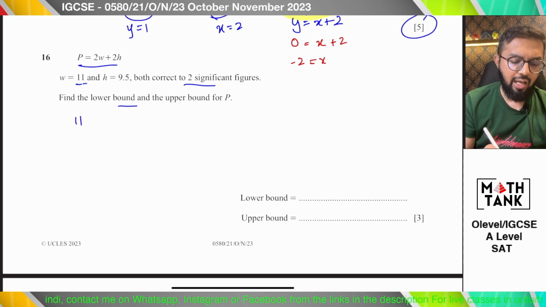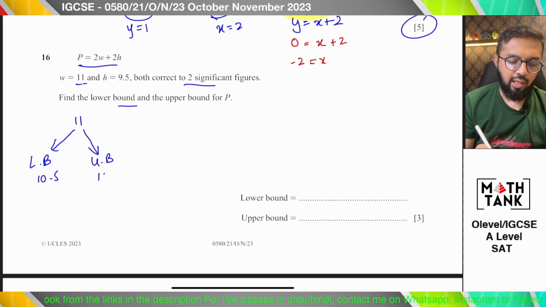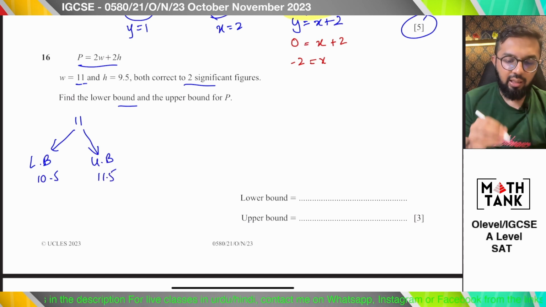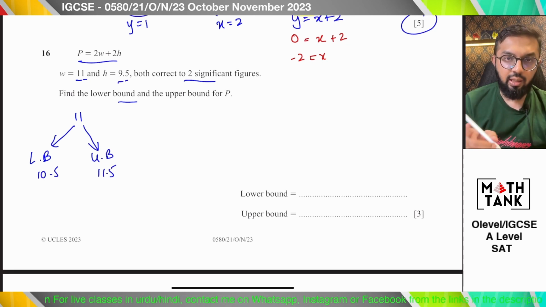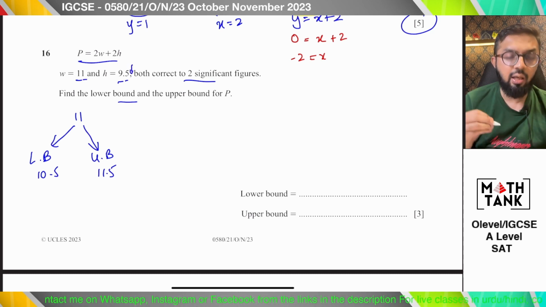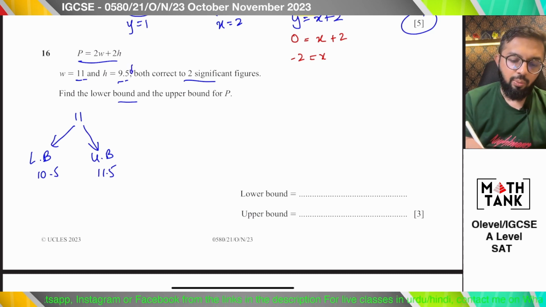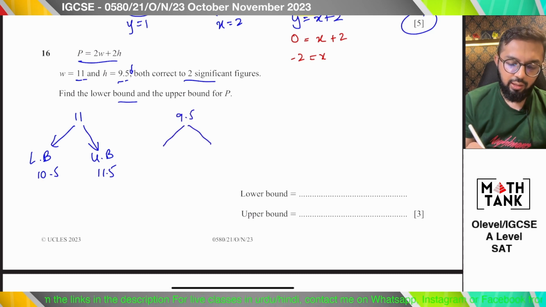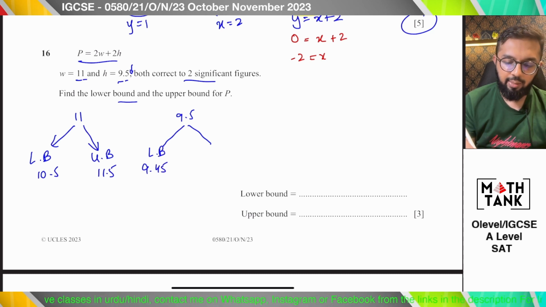So 11 will have a lower bound of 10.5 and an upper bound of 11.5. Similarly, 9.5 was rounded off correct to two significant figures, which means that there was probably a decimal place here that got rounded off. What could have been the upper bound and lower bound of 9.5? The lower bound could have been 9.45 and the upper bound could have been 9.55.